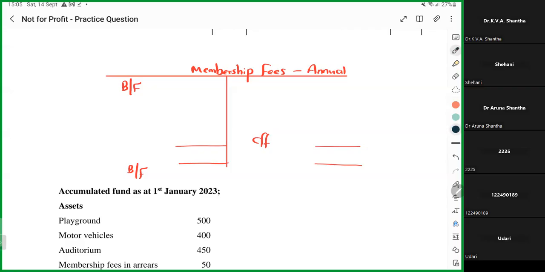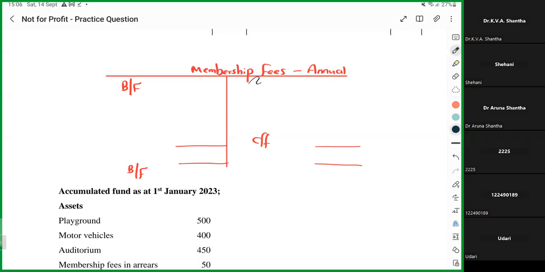But there are situations where members pay fees for the next year. This year you pay for the next year. So that becomes a liability. In your club that becomes a liability because a member has paid his fees in advance.